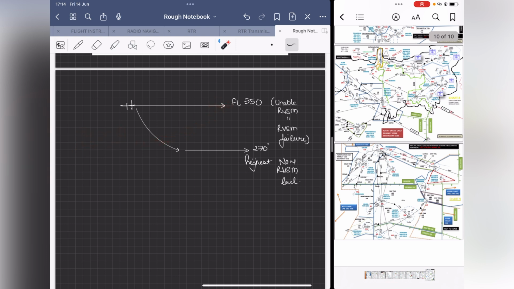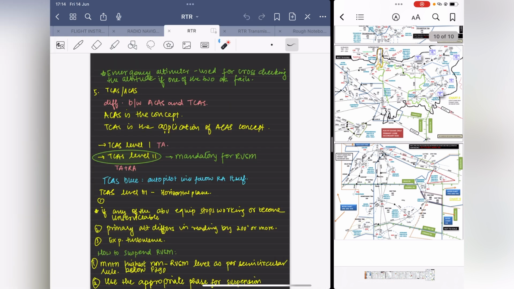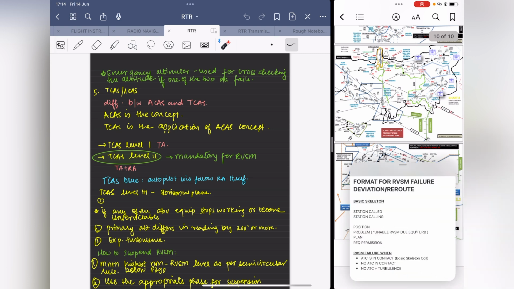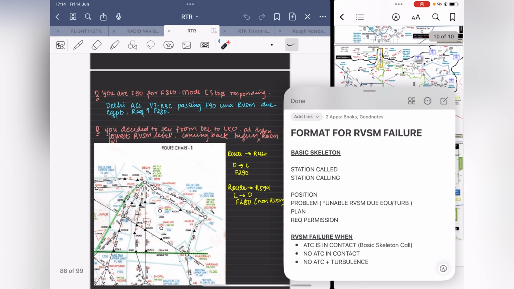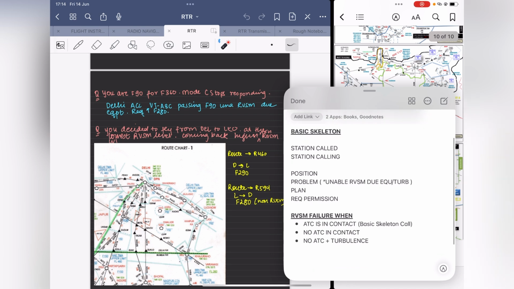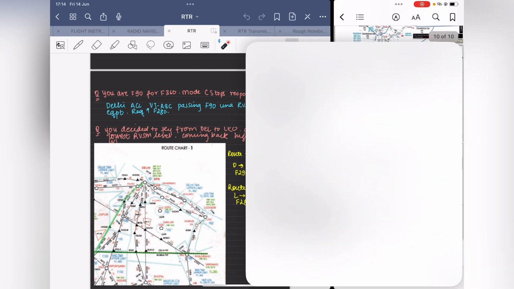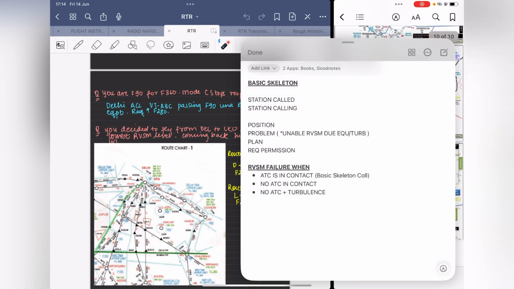Fine. So just like our previous calls, it's not going to be tough. It's going to have a basic skeleton, which I want us to follow. The basic skeleton is going to revolve around, again, the station called, basically which ATC are you calling? The station calling, which is your call sign. What's your position currently? What's the problem you're facing?